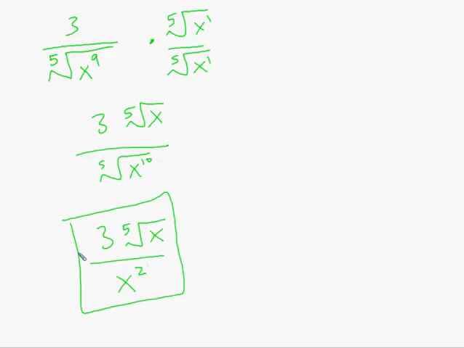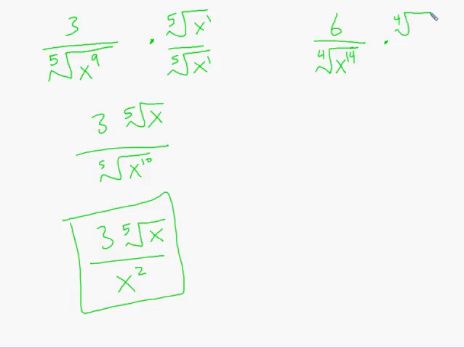Done. Okay? And one more. And then we are done with our notes and we can celebrate. I need this one to be divisible by 4. So what am I going to multiply by?